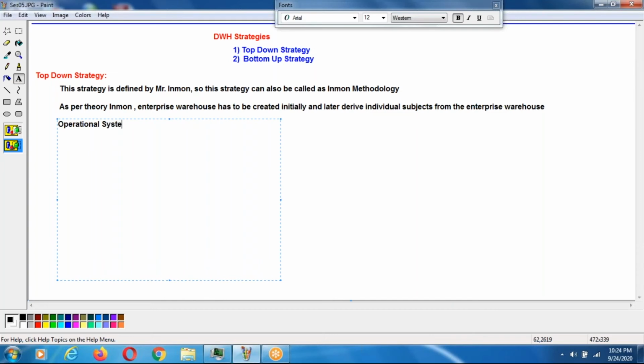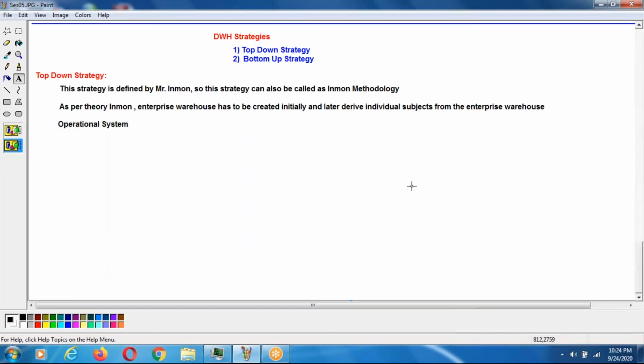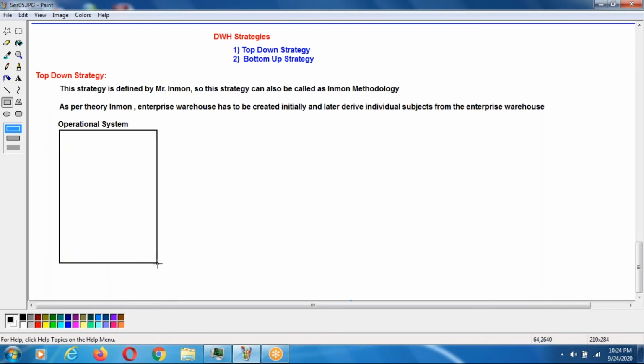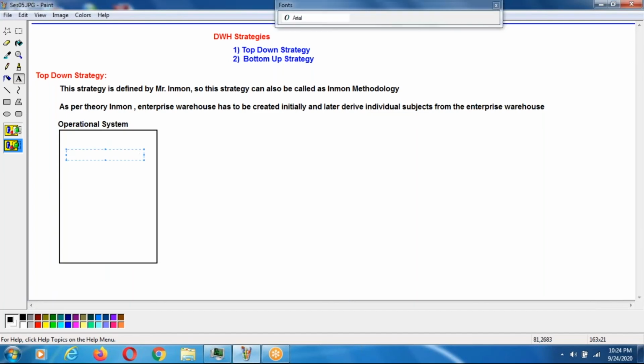So if you take your business system as an operational system, this operational system consists of, for example, three areas or three components. One is finance related data, it also has sales related data, and it has marketing related data.